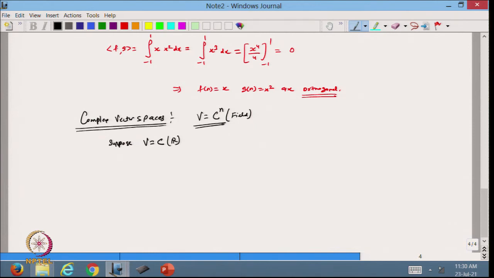So, I am defining this one. So, if you see from here, then the vectors are coming from the complex line or complex plane, and the scalars are coming from R, the real numbers. Now, let us see what is going to happen in this case.